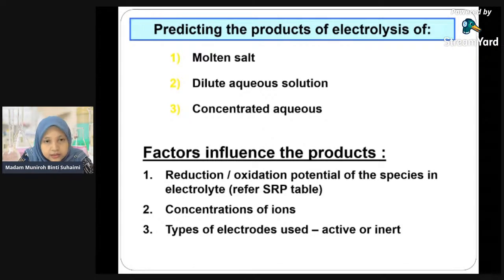There are factors that influence the product. The first one is the reduction and oxidation potential of the species in the electrolyte. We can refer to the standard reduction potential table.